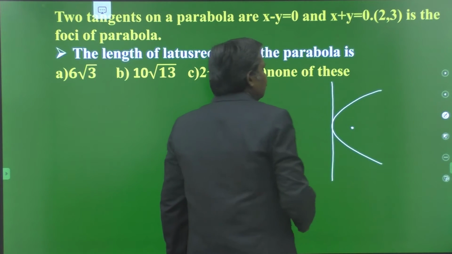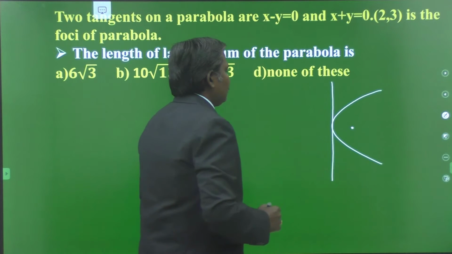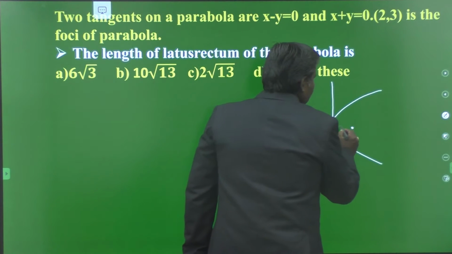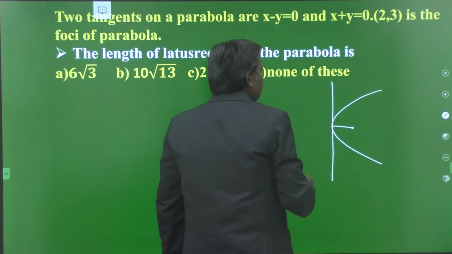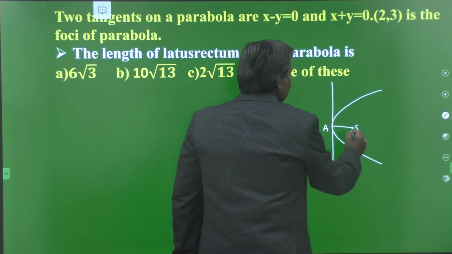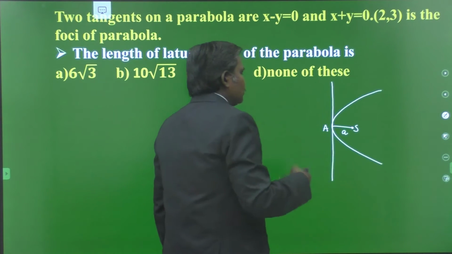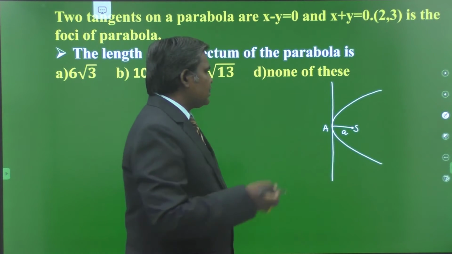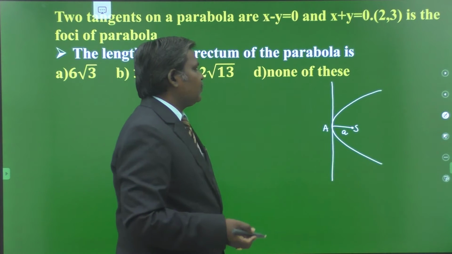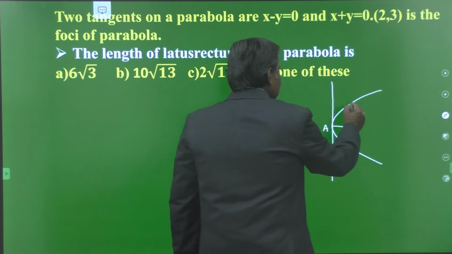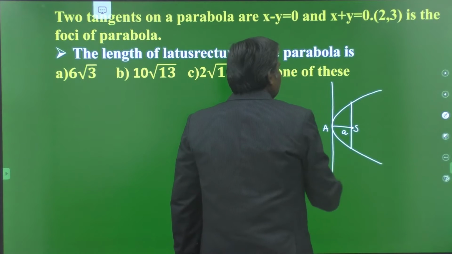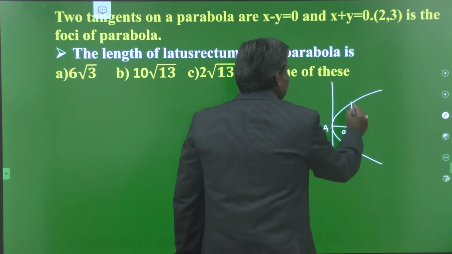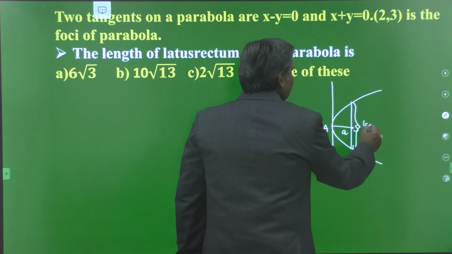Already you know the equation of the tangent at the vertex also. We know that the distance from the focus to the tangent at vertex A, that is AS, is equal to a. Once you find that perpendicular distance, multiplying it by 4 gives the length of the latus rectum. The latus rectum is the focal chord perpendicular to the axis. If it is a units, automatically this will be 4a units.